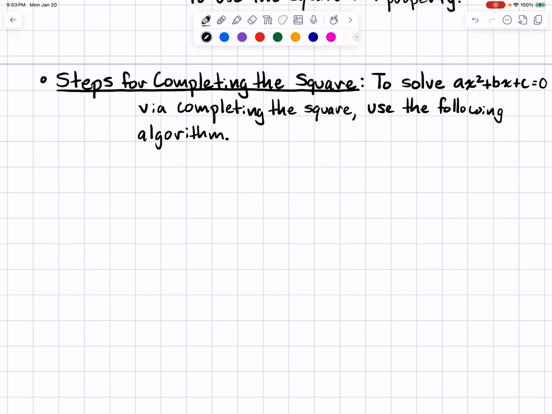Step 1: Multiply both sides by 1 over a. Step 2: Isolate the variables on one side of the equation.